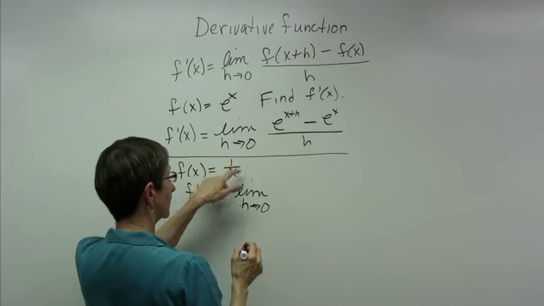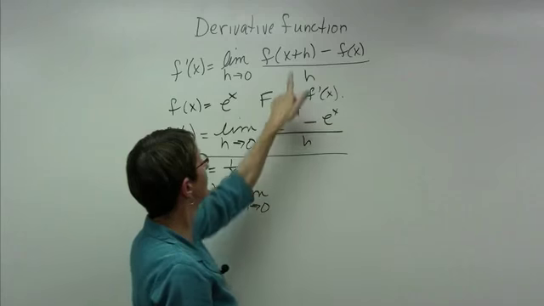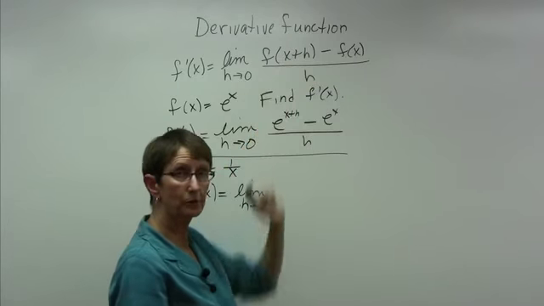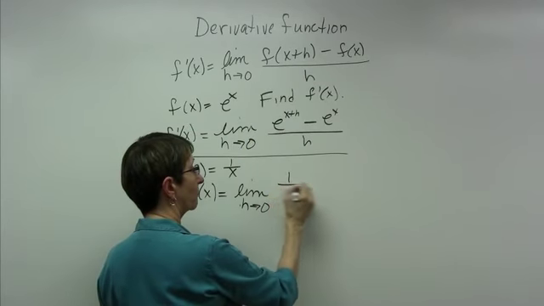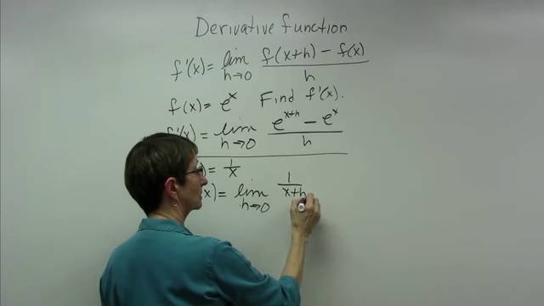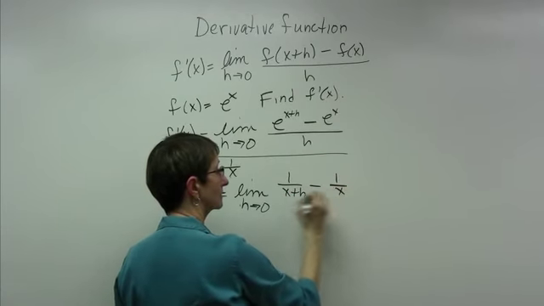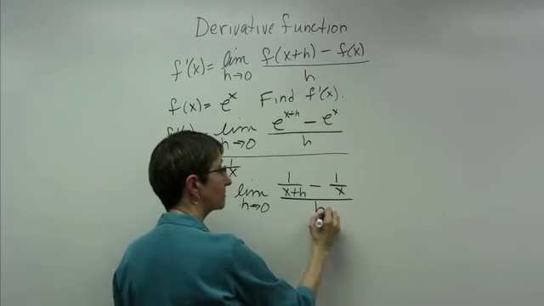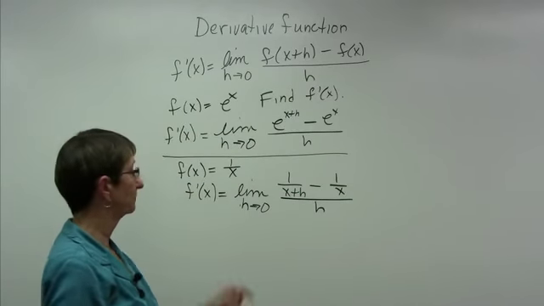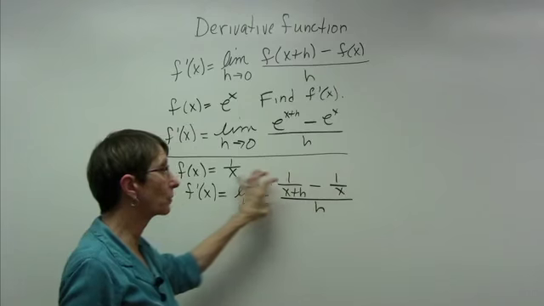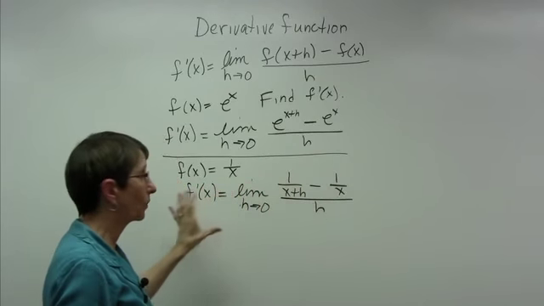And here my function is 1 over x. So in place of the x, I put x plus h, and I'll have 1 over x plus h minus f of x, which is 1 over x, divided by h. So this is exactly what the definition would look like.